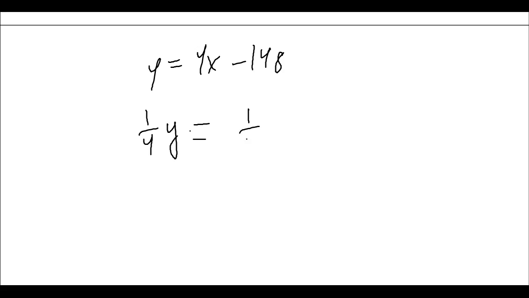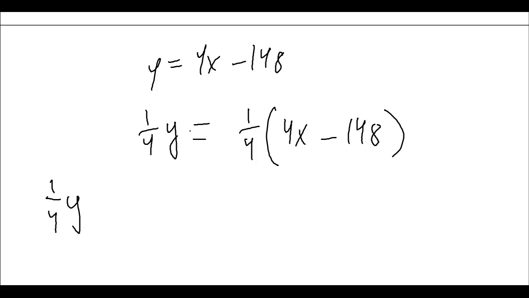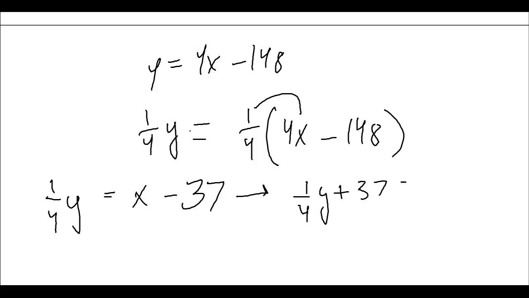On the other side, I'll have 1/4 times 4x minus 148. So let's see here. I'll have 1/4 y is equal to, if I distribute this, I get just x minus, and when you divide 148 by 4, you'll get 37. Okay, so what we see is that if I do 1/4 y plus 37, I get x, and that's temperature.